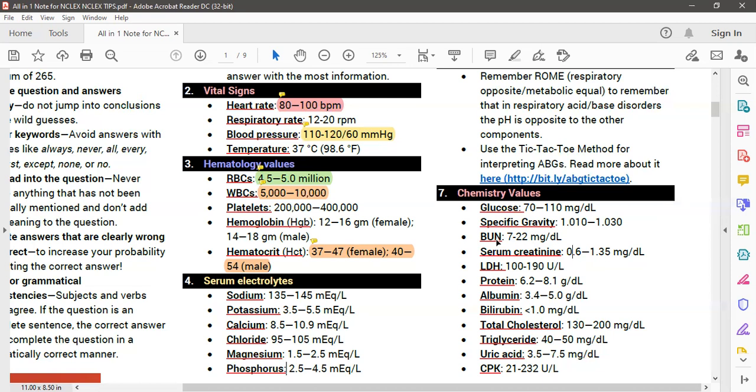Urea is a waste product that comes from protein. So the protein we eat, after the metabolism, the waste product is urea, BUN. Keep in mind, it's the leftover.